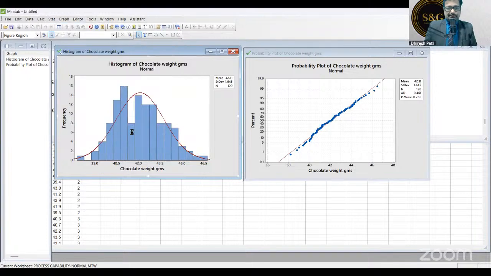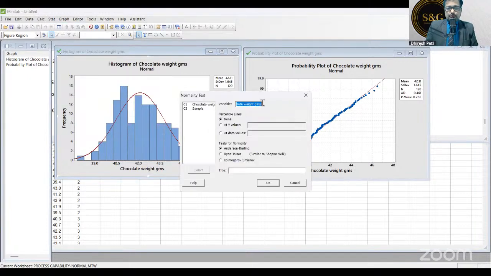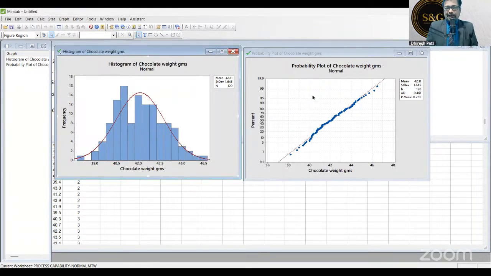Once you click on that, in the variable option, just double click on chocolate weight. Okay, click on variable option like this. For example, if it is blank, okay, like this, click here and then double click on chocolate weight. It will get selected and then just click on OK. The moment you click on OK, you will get this graph.